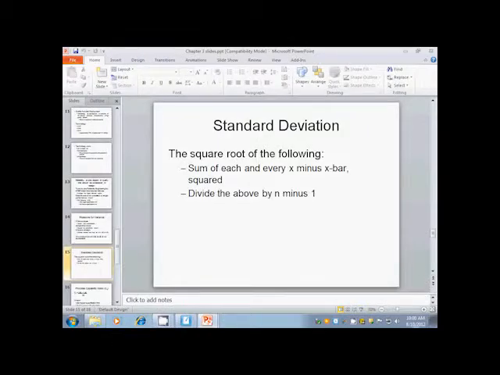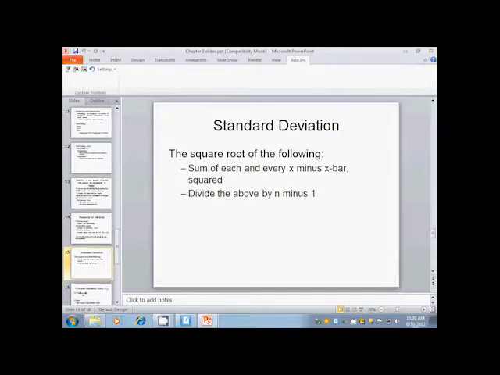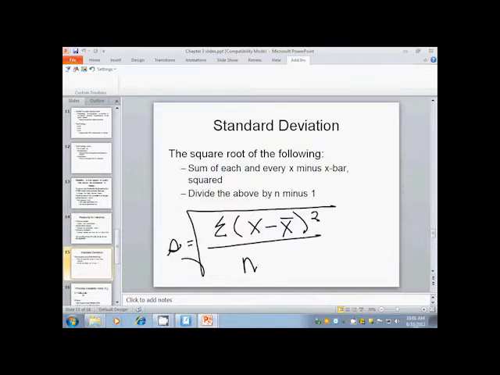Standard deviation, depicted by the small s, is the square root of the sum of each and every x minus x bar squared divided by n minus 1.